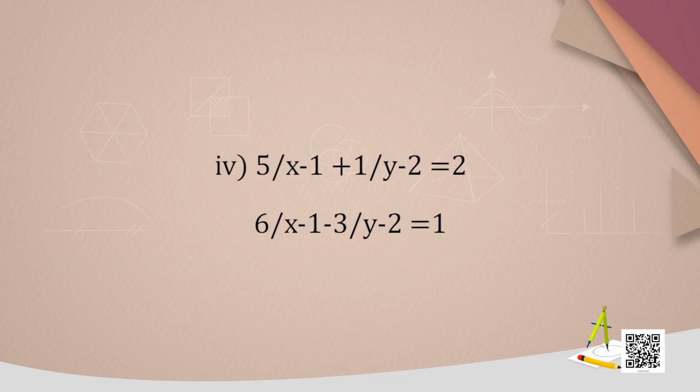5 upon x minus 1 plus 1 upon y minus 2 is equal to 2. And the second equation 6 upon x minus 1 minus 3 upon y minus 2 is equal to 1.